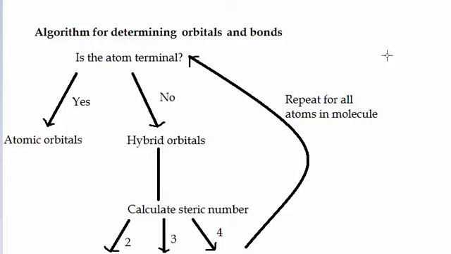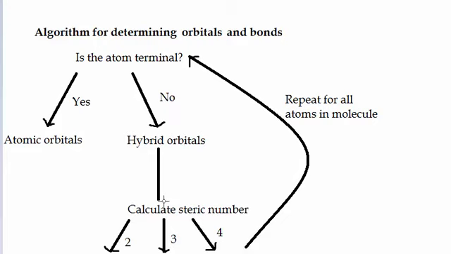Well, in this course, which is Rutgers 307, we'll say that terminal atoms don't hybridize. We won't worry about where that comes from. We'll just accept that at face value here. If the atom is terminal, it's not going to hybridize, so you're only going to have atomic orbitals. If the atom isn't terminal, it could hybridize, and you're going to get hybrid orbitals.